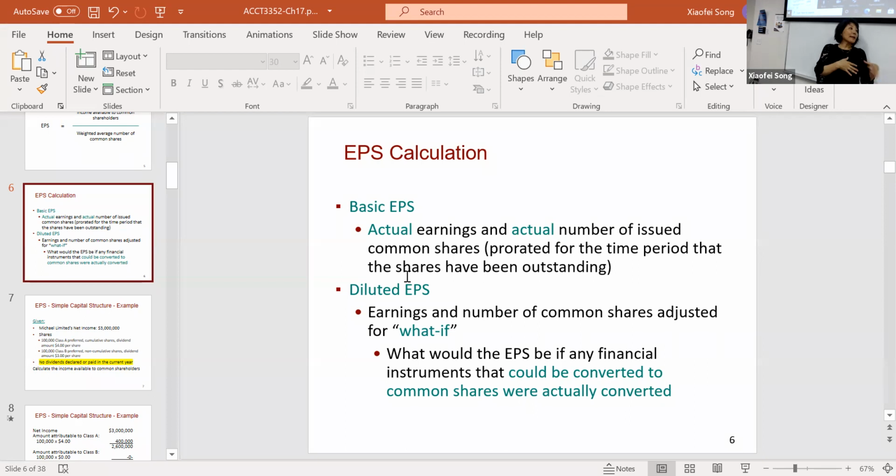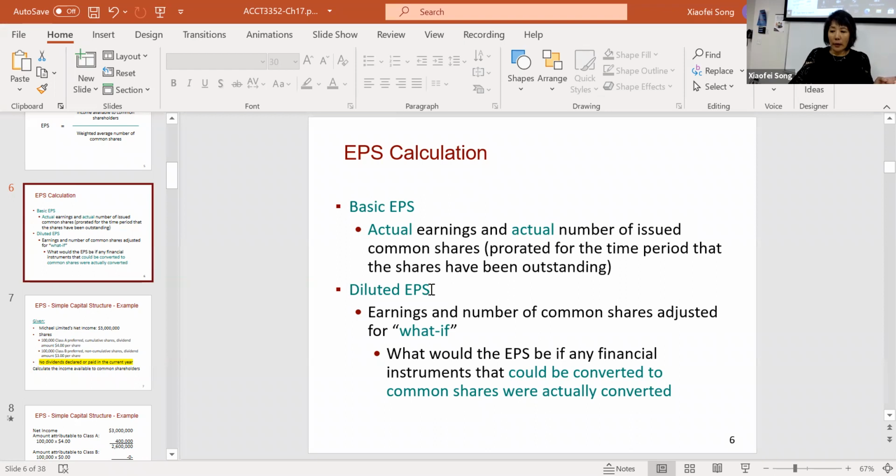So in that case, you have actual common shares outstanding, but you also have potential shares that may be issued and outstanding. In that situation, the company needs to calculate two earnings per share. One is basic earnings per share, based on actual earnings and the actual number of issued common shares outstanding.